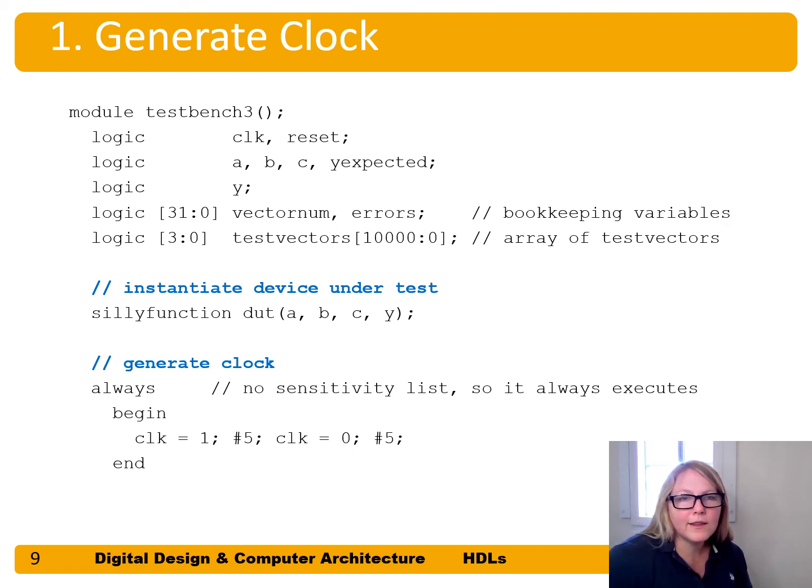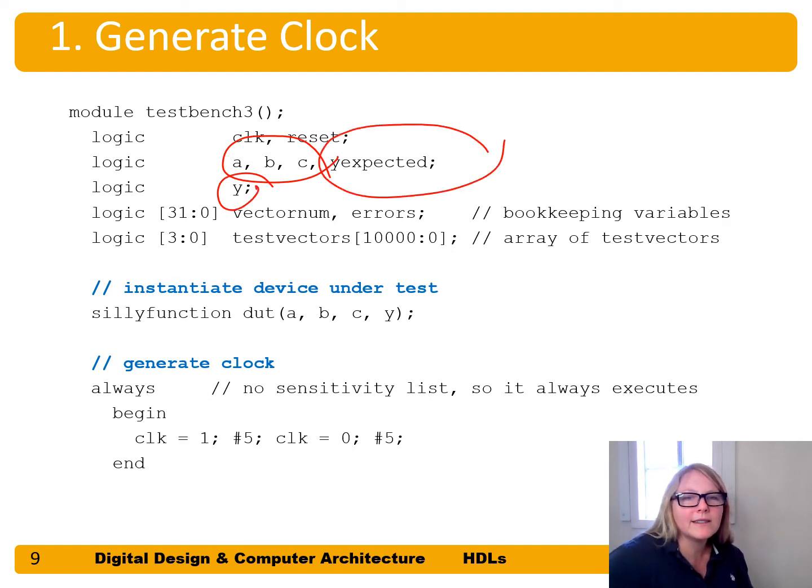So here we have test bench 3. It seems a lot more complicated. We have our clock, reset, A, B, C, and Y expected. The reset is there so that if it is synchronous sequential, you can reset your synchronous sequential logic at the beginning of the simulation. And we have our inputs A, B, C, our output Y. Then we have that extra wire Y expected.